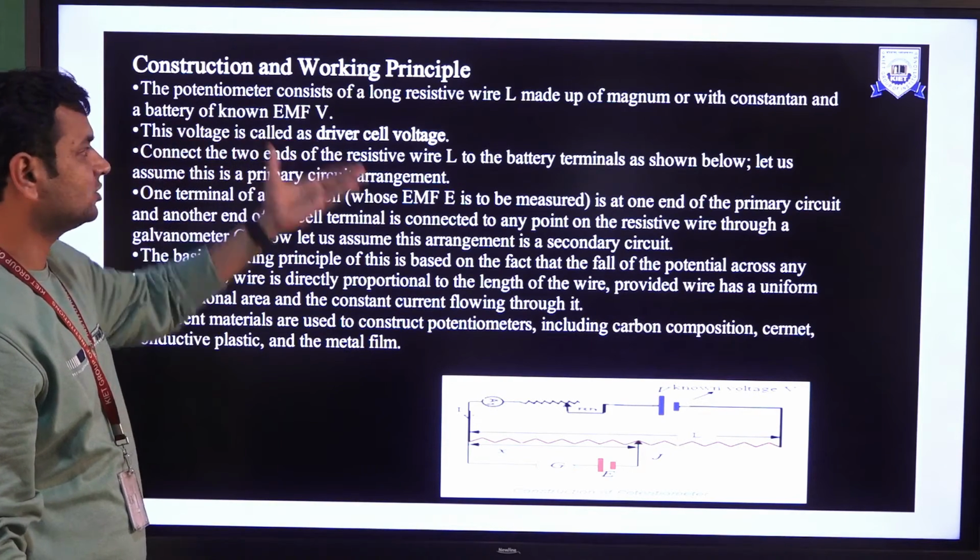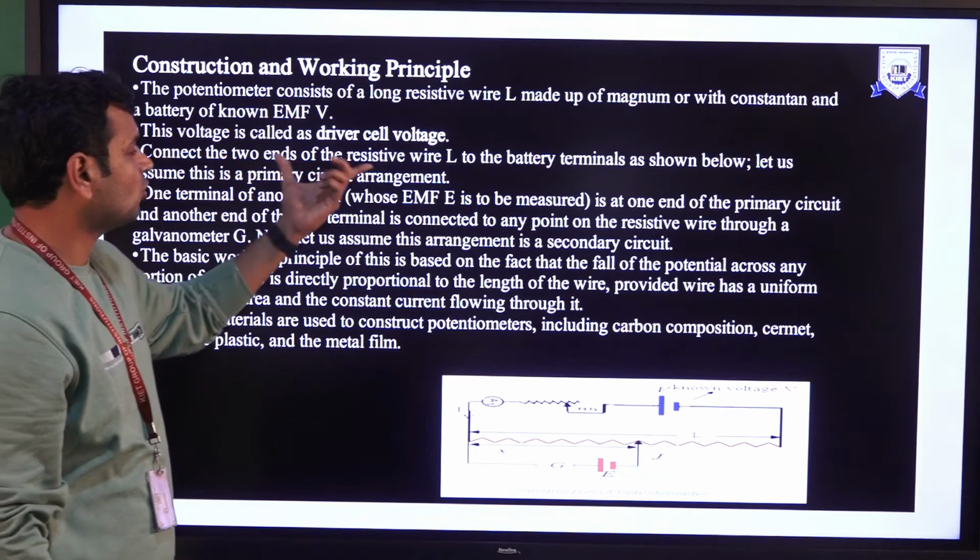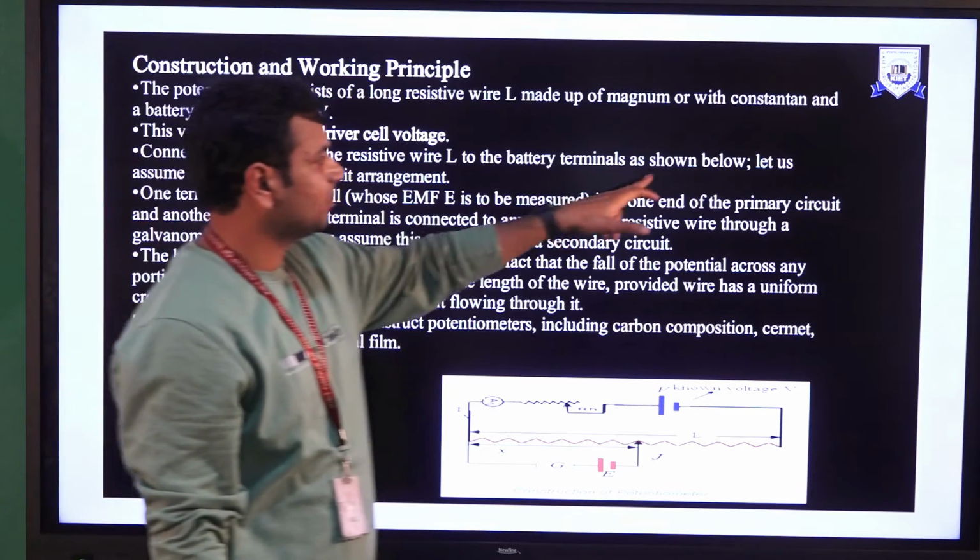This voltage is called the driver cell voltage, and the two ends of the resistive wire L are connected to the battery terminals as shown below.